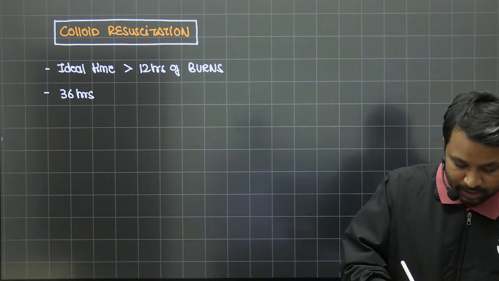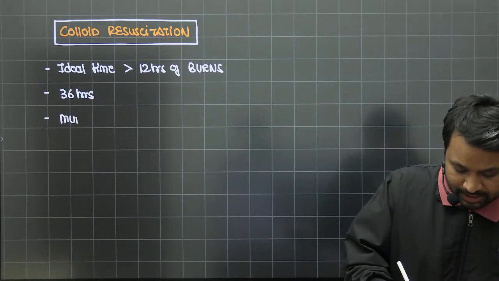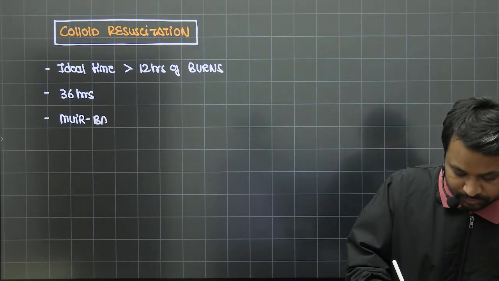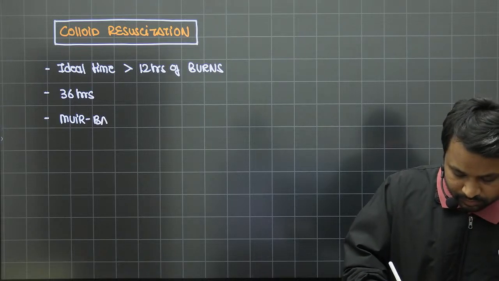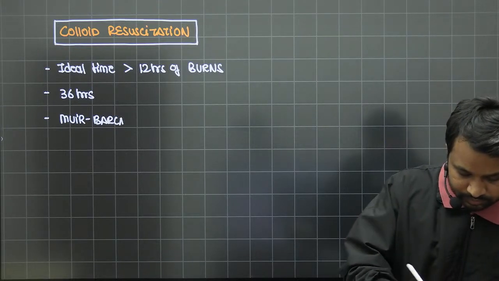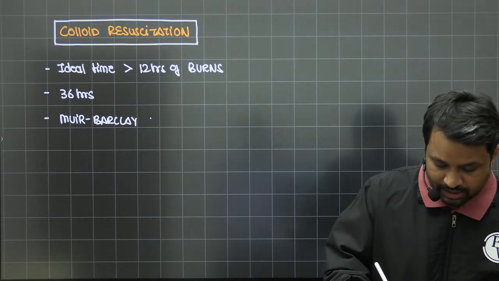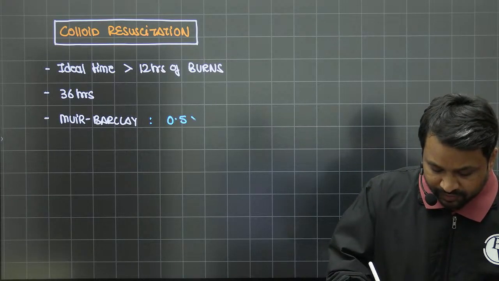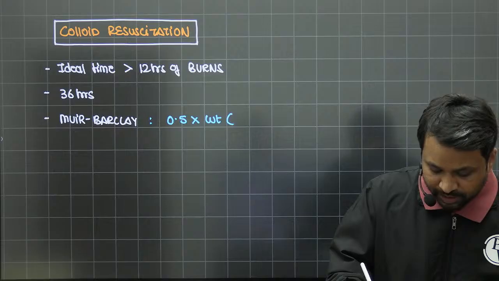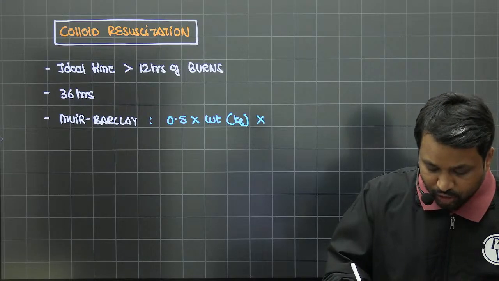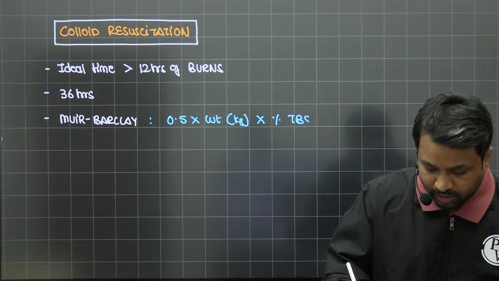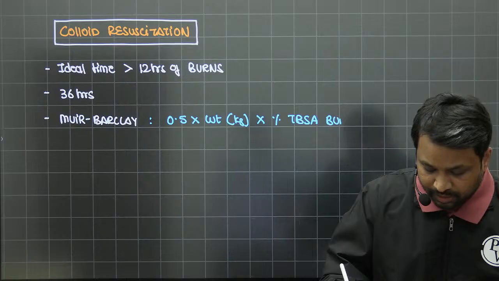And what is the best way to calculate it? You have something called the Muir and Barclay formula. What is this Muir and Barclay? Muir and Barclay says it is going to be 0.5 into weight of the patient in kilograms into percentage of total body surface area burnt.